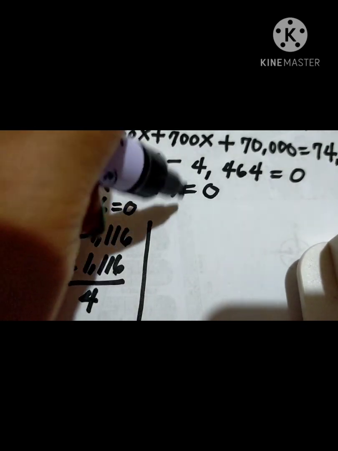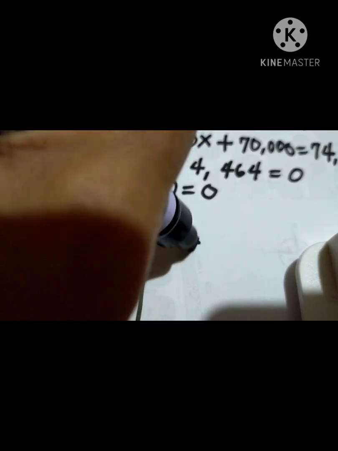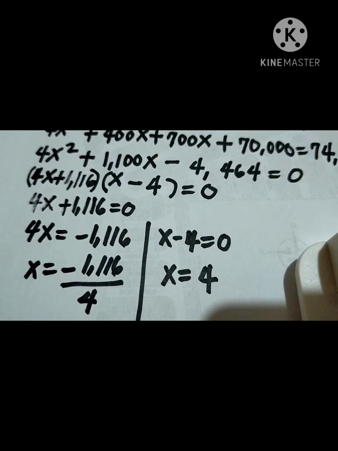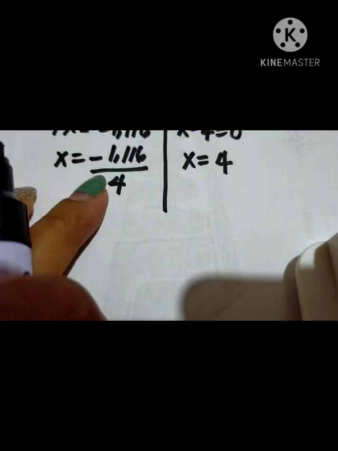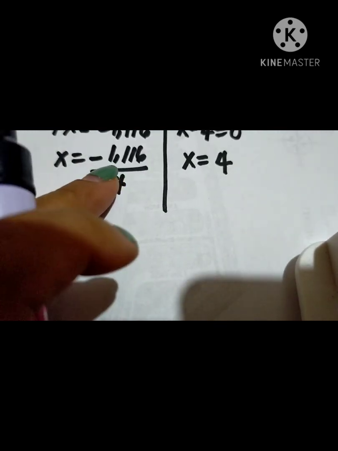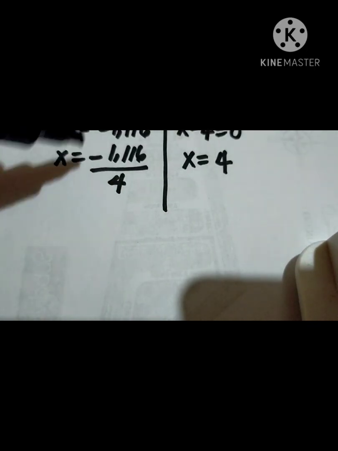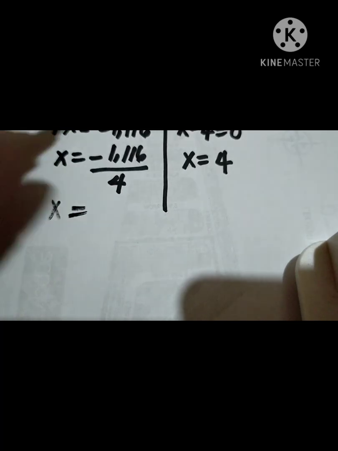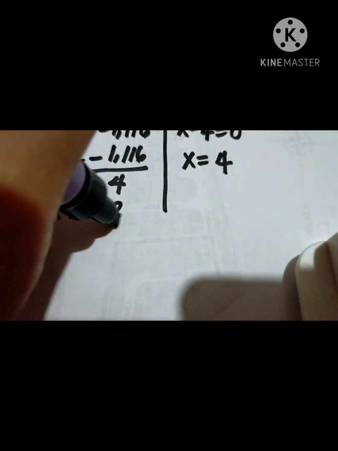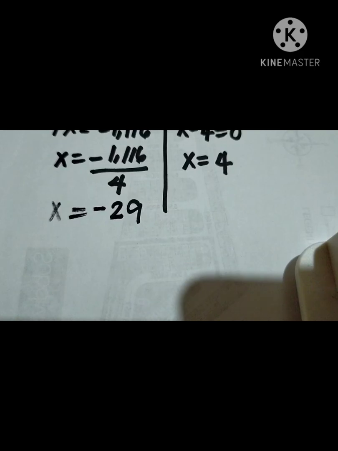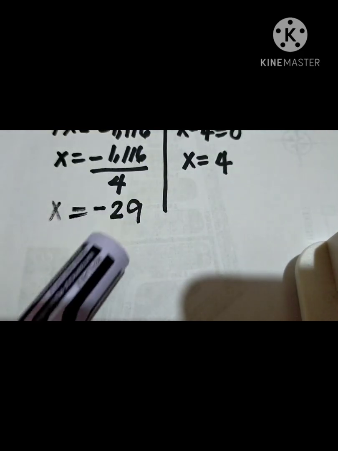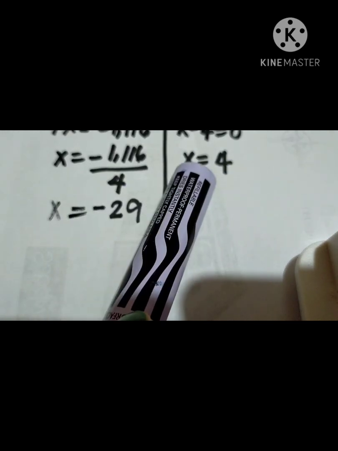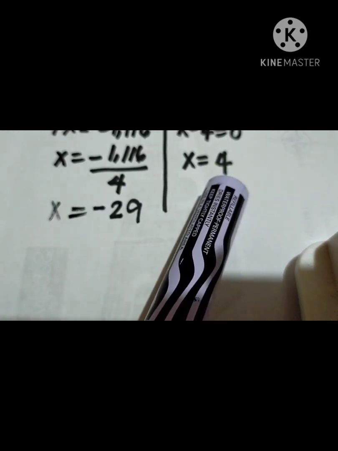The other factor is x minus 4 equals 0, so we have x equals 4. Now since there is no negative measure, we will use x equals 4 for the width.